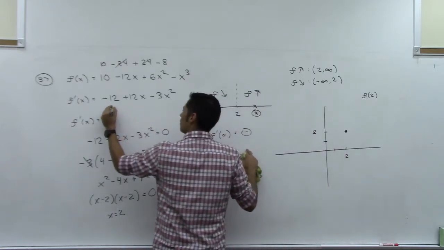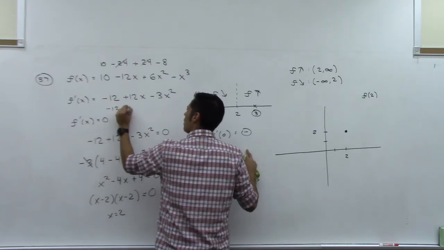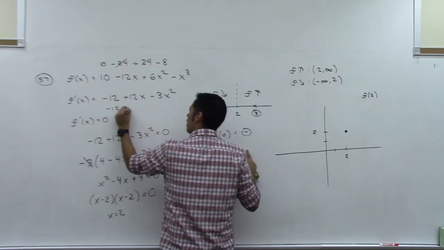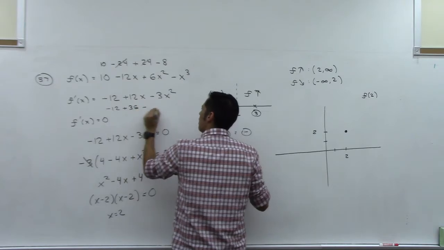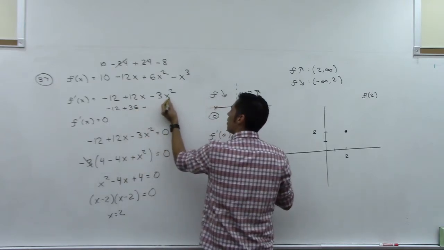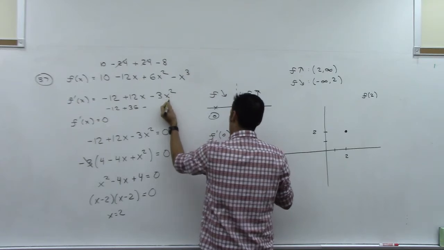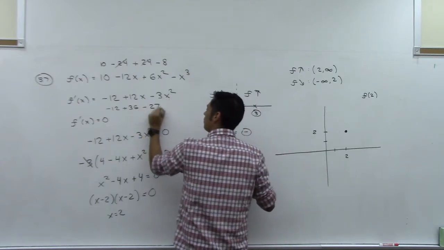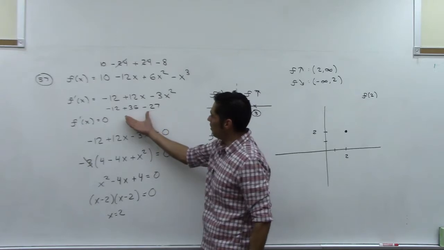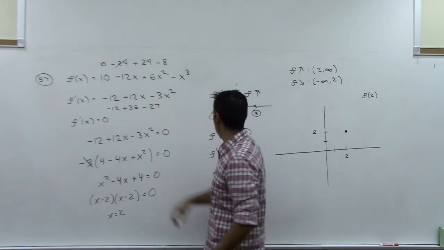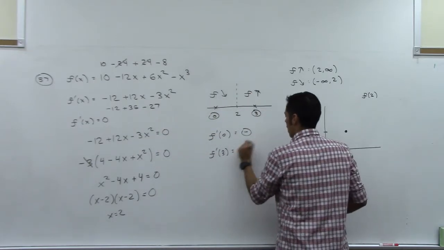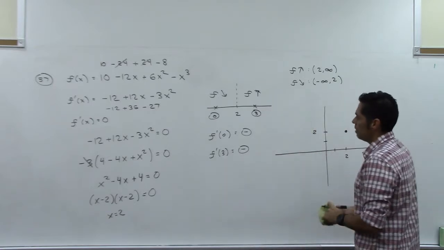Negative 12. Then you plug in 3, you get plus 36. Then minus 3 squared is, 3 squared is 9. 9 times 3 is 27. And if you put these together, you're going to still be a negative number. I got ahead of myself. I apologize. So it's negative, negative.